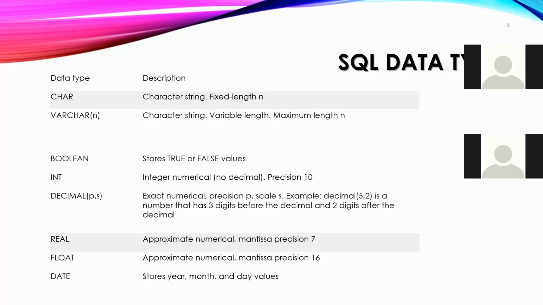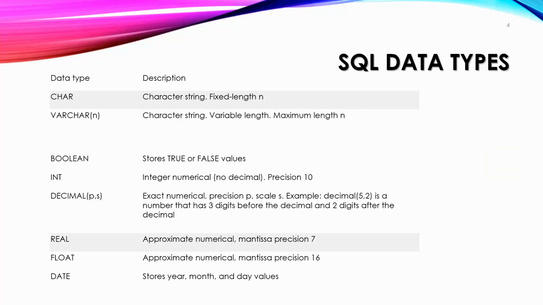Your national identity card number contains numbers as well as letters. And your birthday is a date. Therefore, to store those data, we have different data types which are available for each and every database management system.